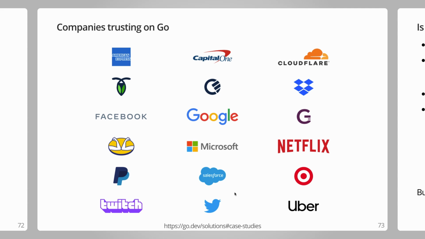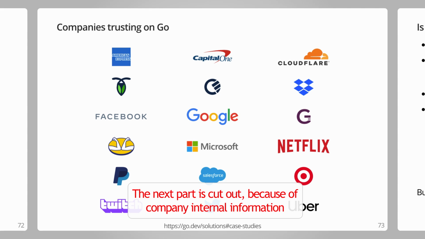This is just from the official Go website, but there are many, many more, like, say, Personio, which we are using, Delivery Hero, where you've maybe ordered a pizza from, Trivago, About You, HelloFresh, and so on. And some great projects which have been created in Go, which you maybe know, are Docker or Kubernetes, or very recently the new GitHub CLI program.